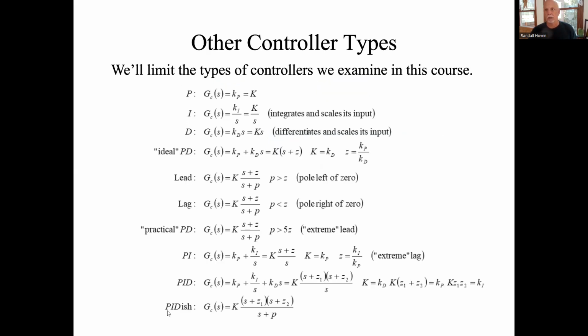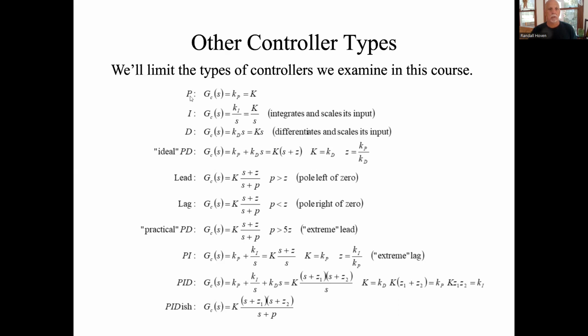There's all kinds of controllers we could consider, and just like I said, in the interest of time and schedule, we're not going to try all of these. They pretty much amount to some kind of gain. It could be just a gain, but they all have some kind of gain. Then they have a pole somewhere, and 0, 1, or 2 zeros.